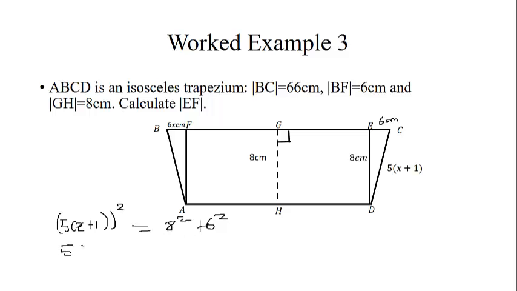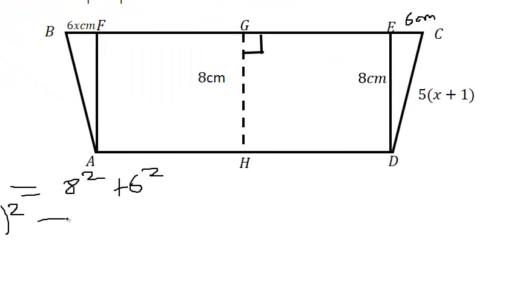So we have 5 into bracket x plus 1 all squared is equal to 100. This will give us 64 plus 36, which gives us 100.